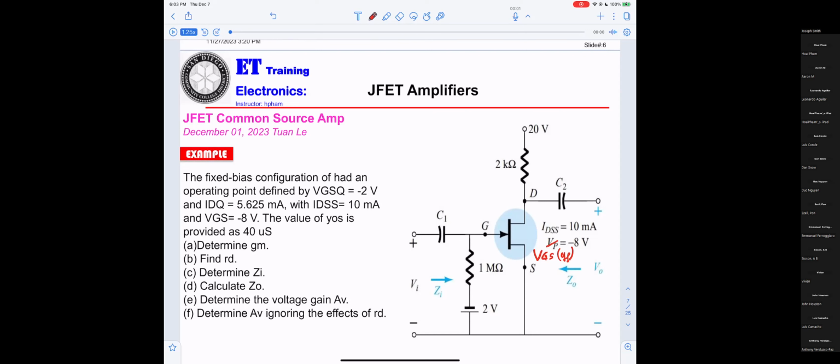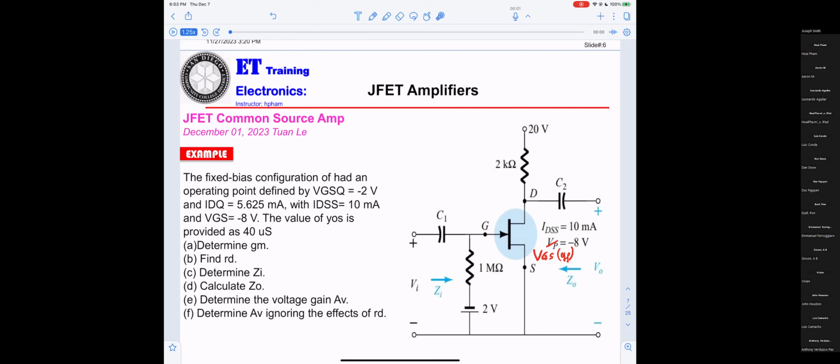Okay, in the textbook, they use VP, but that's normally VGS(off). The thing is, I'm using the textbook from one university.